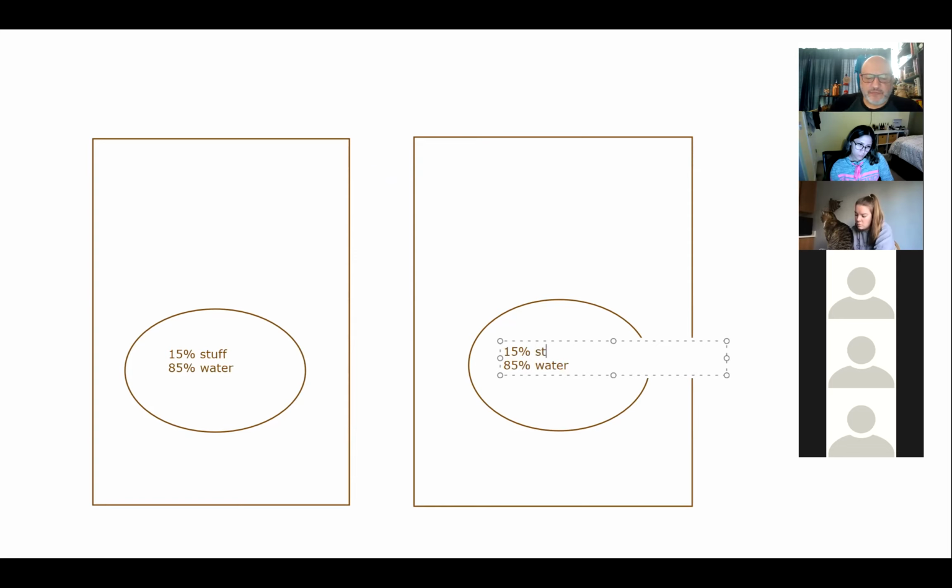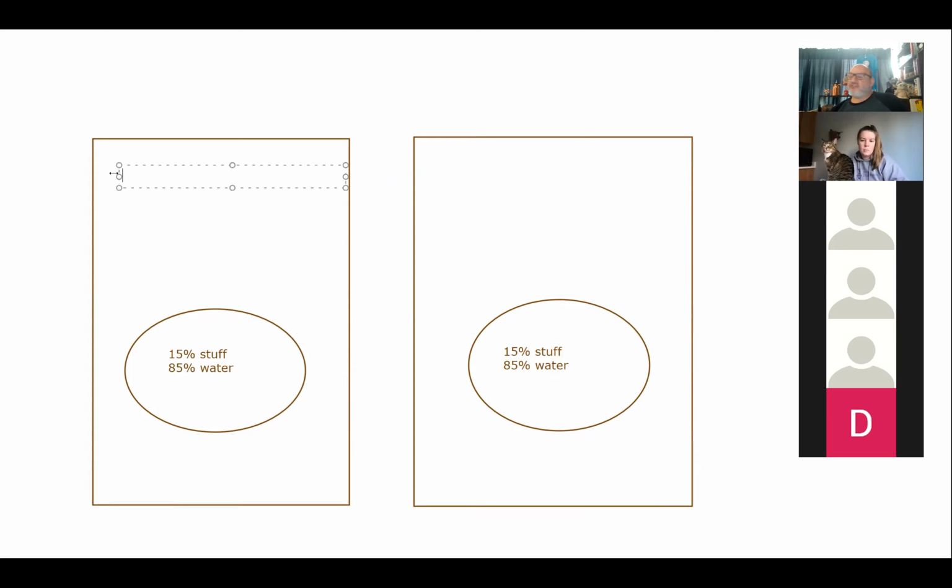Ideally, then, they want to be surrounded by a solution that has how much stuff in it? 15. Yeah, we want 15% stuff. And you're right, 85% water.